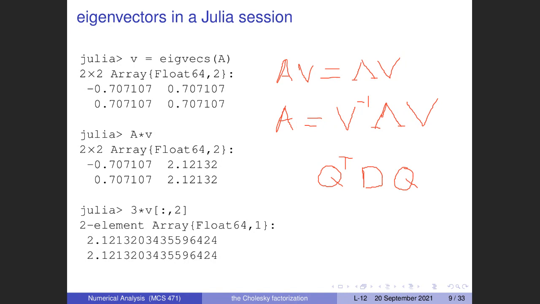So if you make this product, this will give you a random positive definite matrix, where D has only positive elements on its diagonal. So this decomposition of the matrix A is actually called its spectral decomposition.